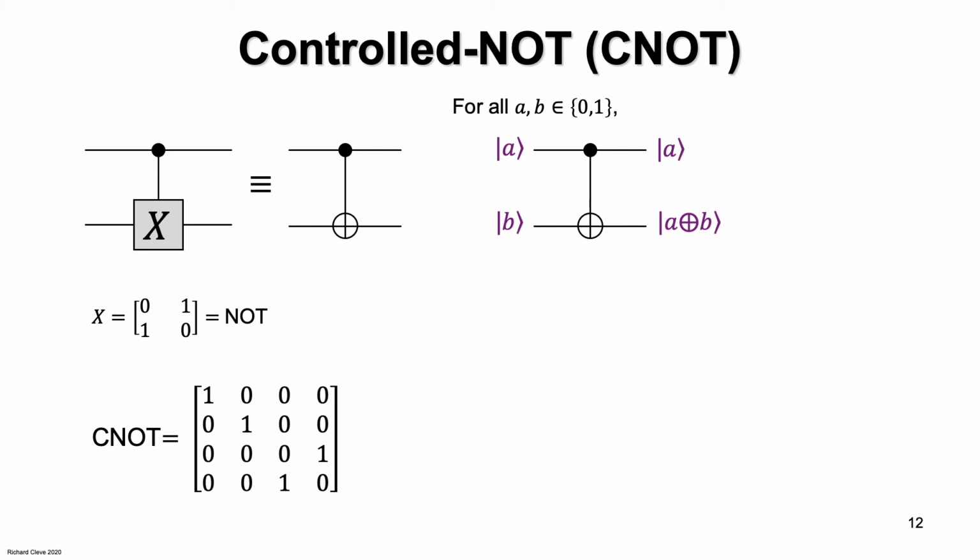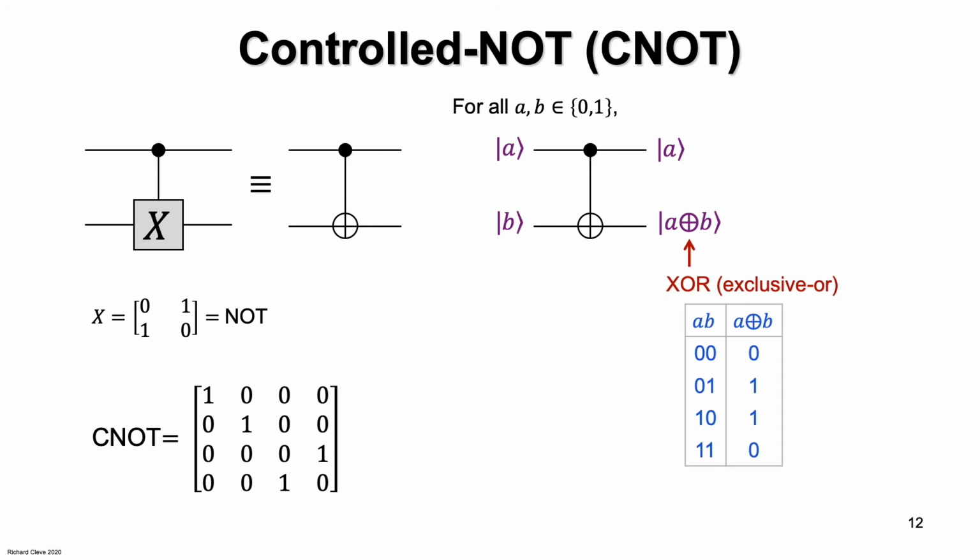For these input states, the second qubit gets negated if and only if the first qubit is in state ket 1. Nothing happens when the first qubit is in state ket 0. This is equivalent to saying that the output bits are ket A and ket of A XOR B, where XOR means exclusive OR.